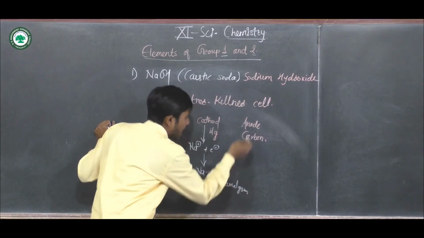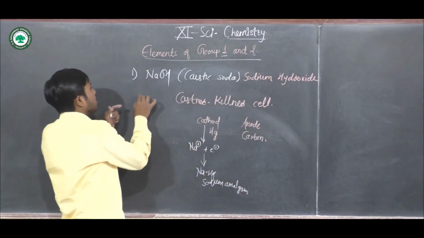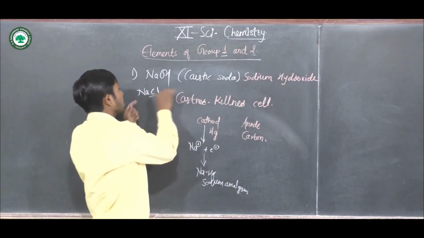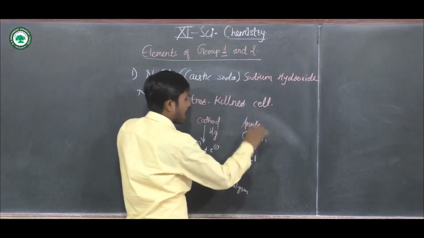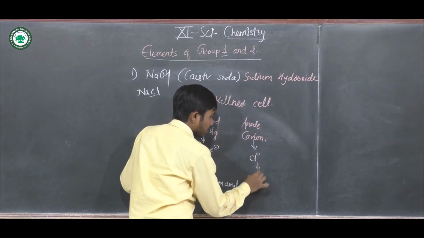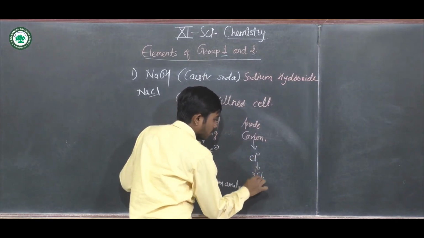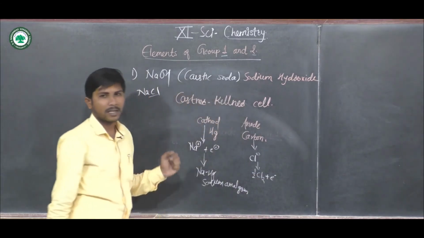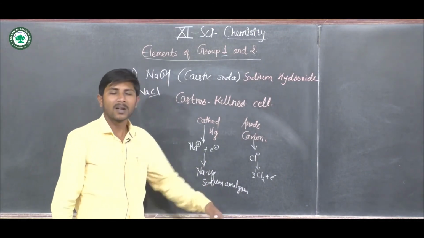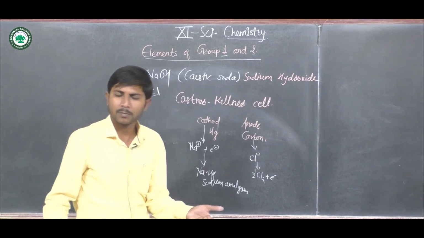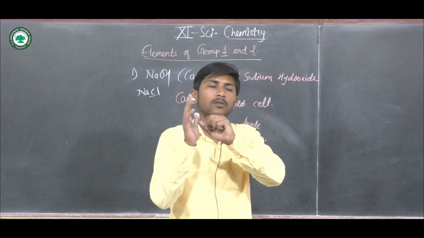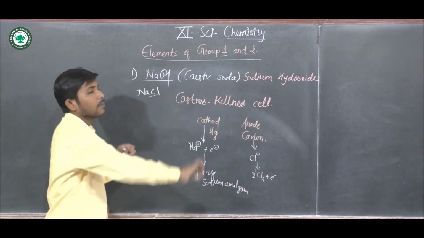At the anode, as we are introducing the solution of sodium chloride, the chlorine reaction takes place, liberating chlorine gas. This sodium amalgam, on hydrolysis, is converted to our desired sodium hydroxide.